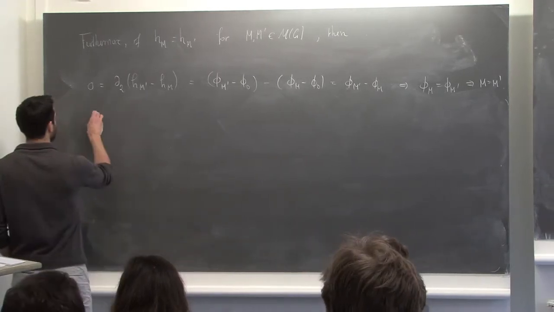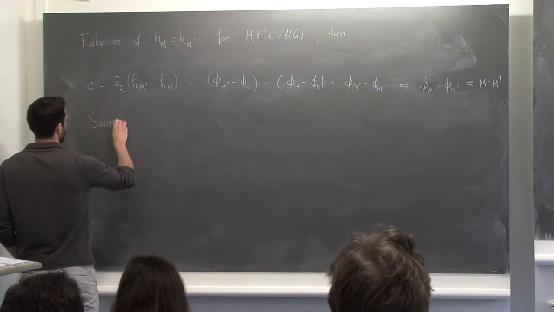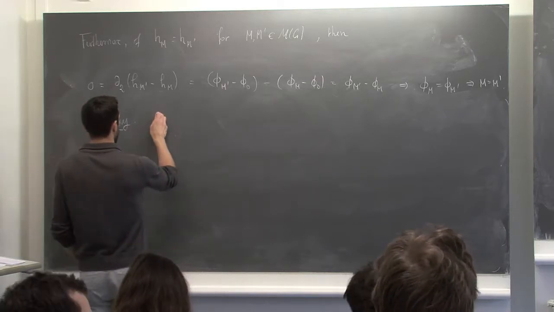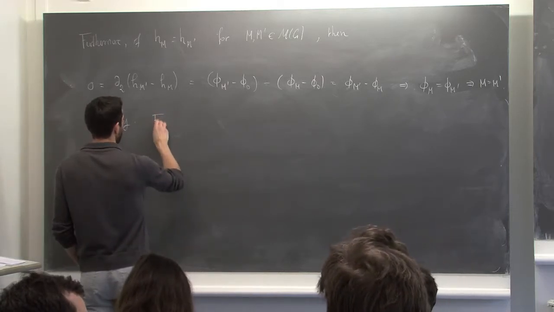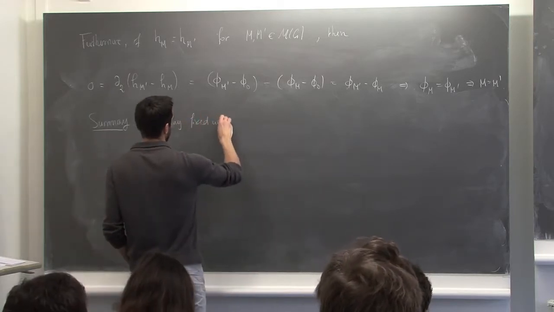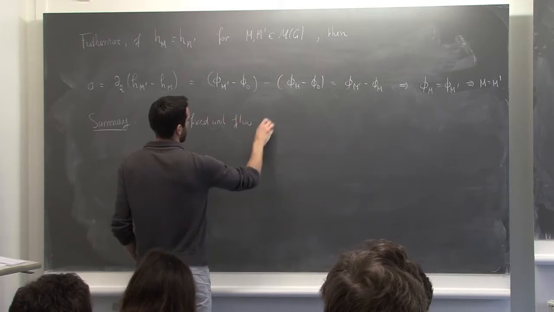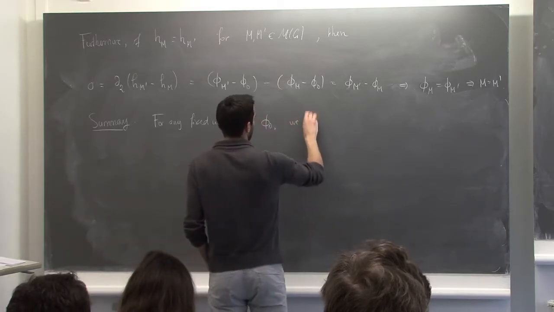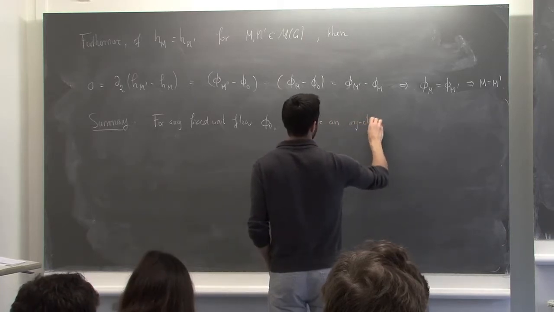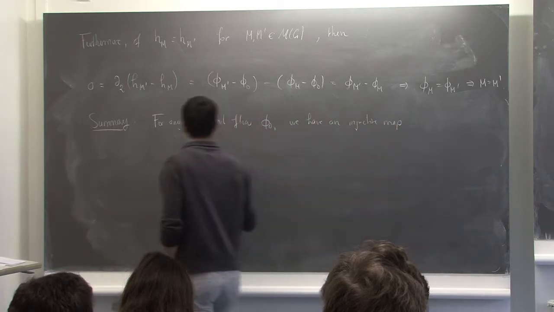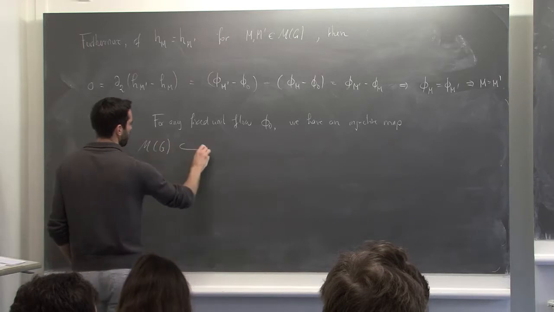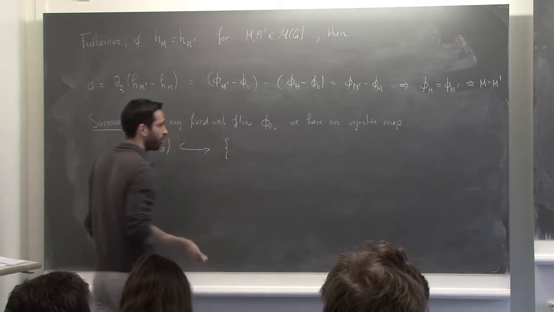So let me just make a little summary of what we did so far. For any fixed unit flow phi 0, we have an injective map which goes from the set of perfect matchings on the graph to the set of height functions.